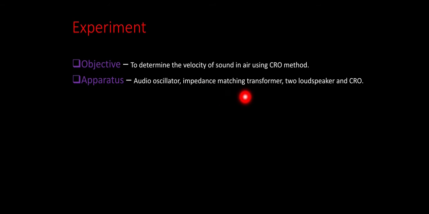The impedance matching transformer is used in this experiment to get maximum output at the CRO and one loudspeaker. When we proceed ahead, you will understand what we will use these apparatus for.